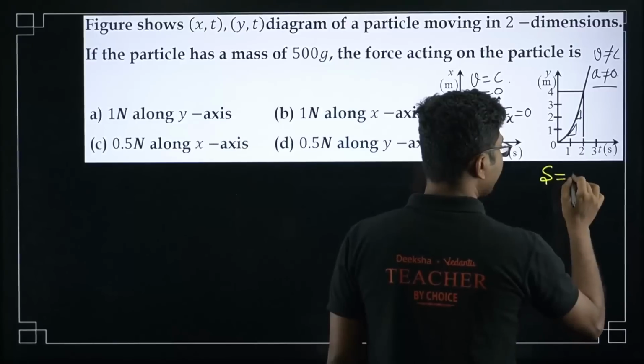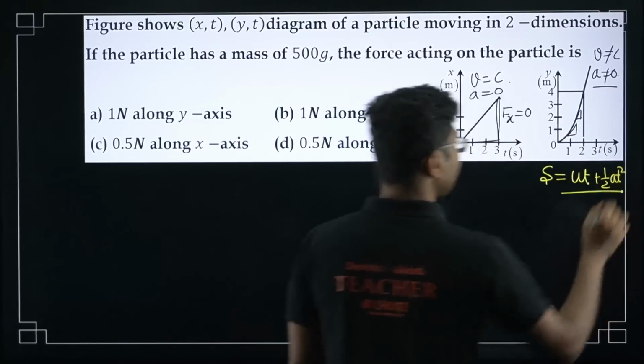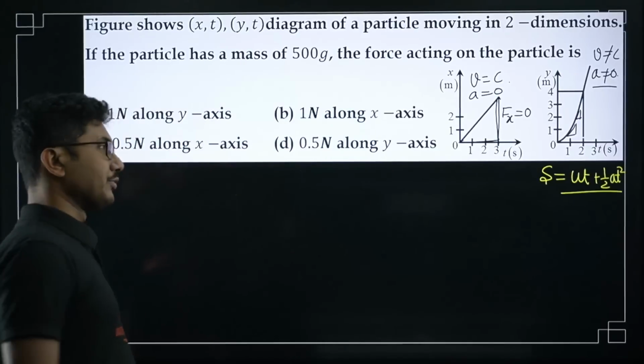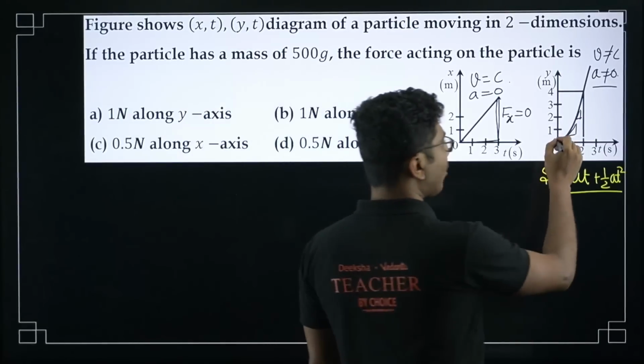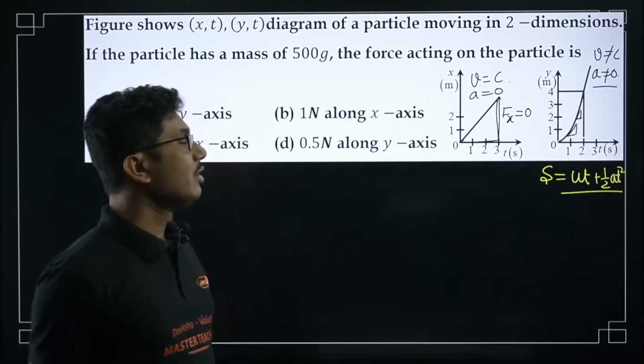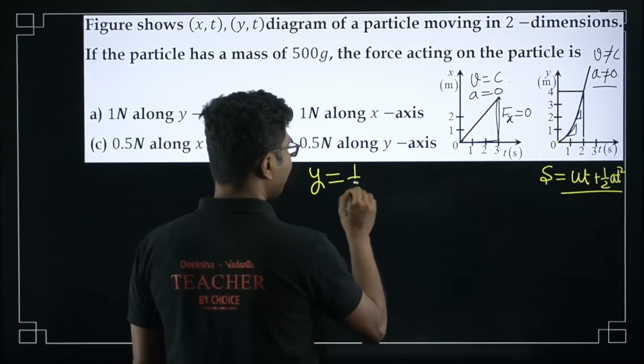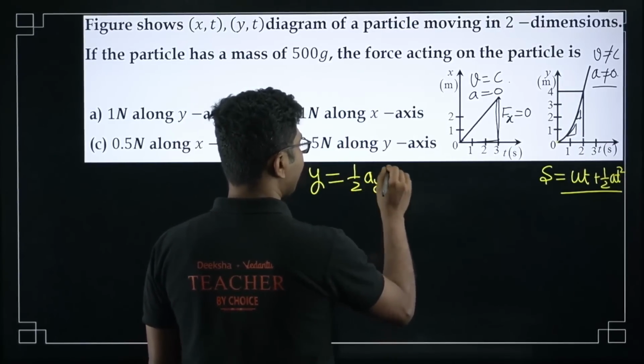S equals ut plus half at square. Okay, this is the formula that we are going to use. Now initially the object was at the origin, so the velocity at the beginning was 0, right? So here we will use y equals half ay t square.